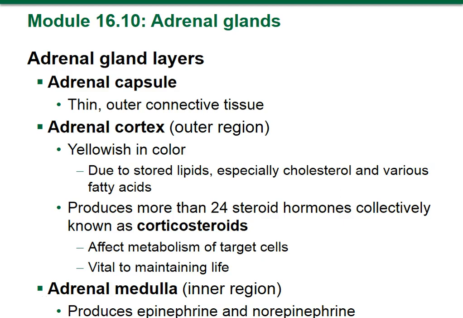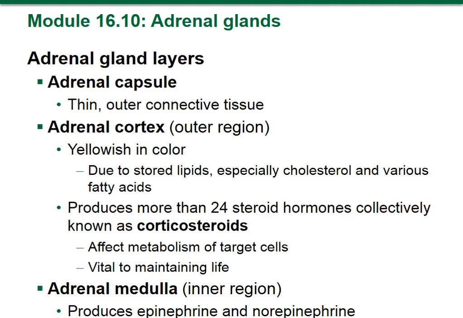If we look at the adrenal gland layers, we have an adrenal capsule, which is the outer connective tissue, very thin. And as we move in, we have an outer region of adrenal cortex that's yellowish. That's because of the lipids in that layer, especially cholesterol and some fatty acids.